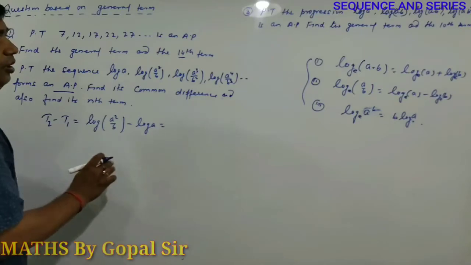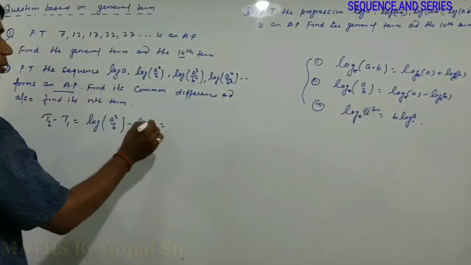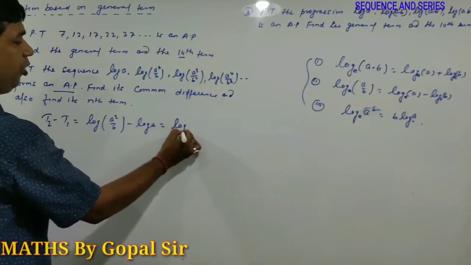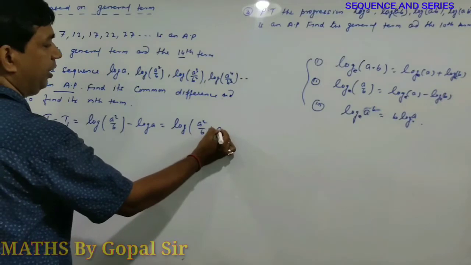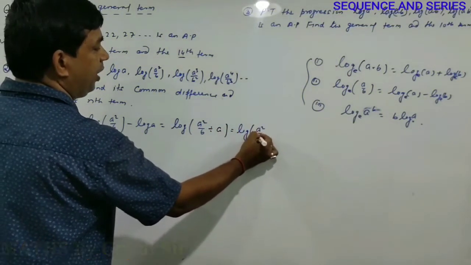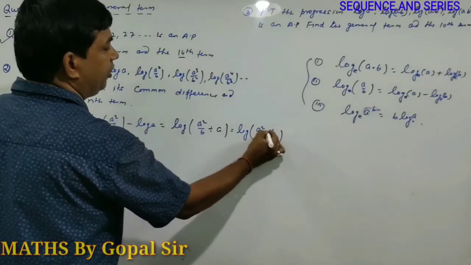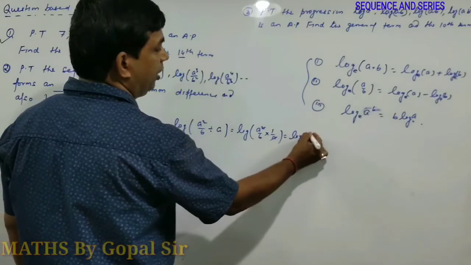Here log m minus log n is always log m by n. So log a square b divided by a means log a square b into 1 by a. So we can cancel, then it is log a by b.